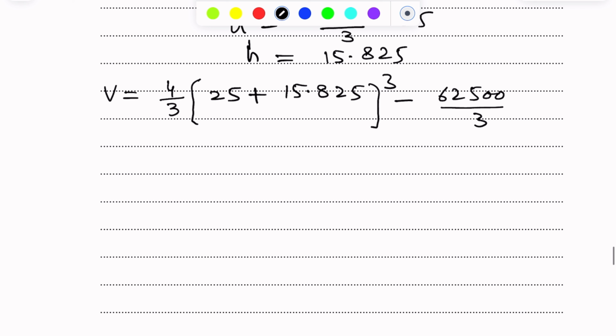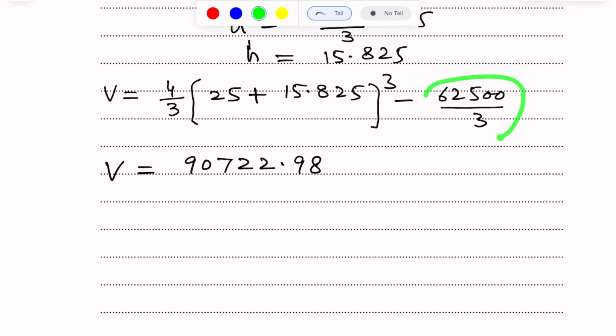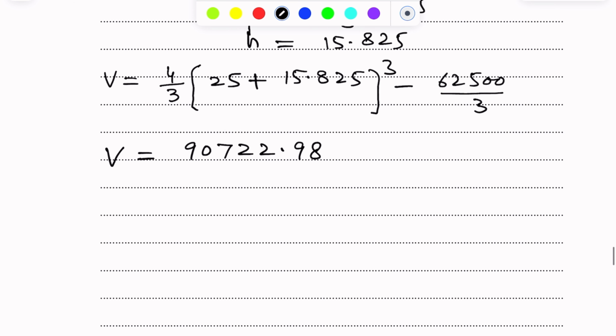Now we will calculate it. First we calculate the first term. Calculating this, we get 90722.98.